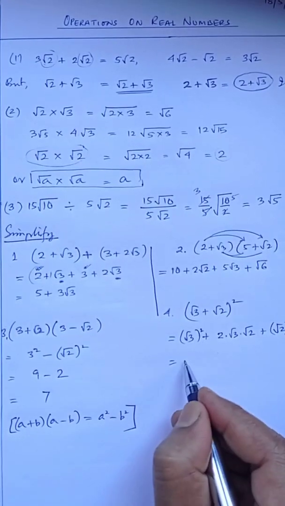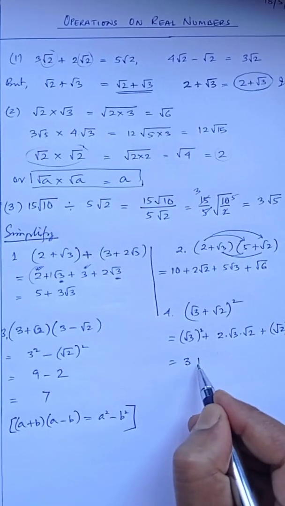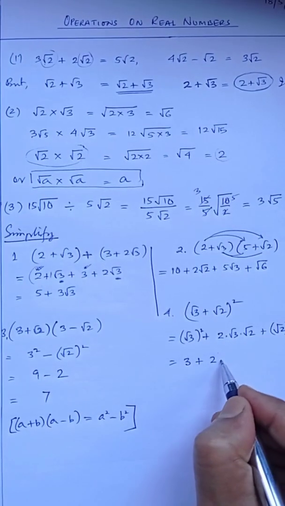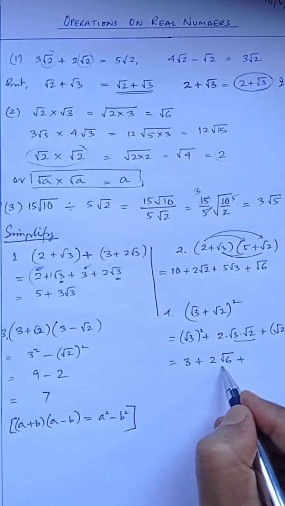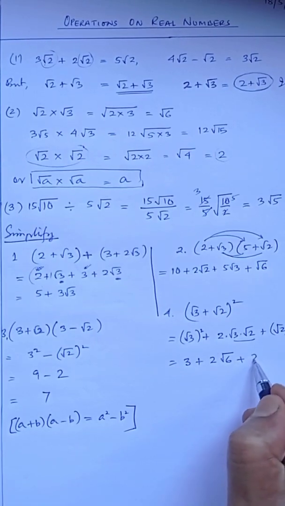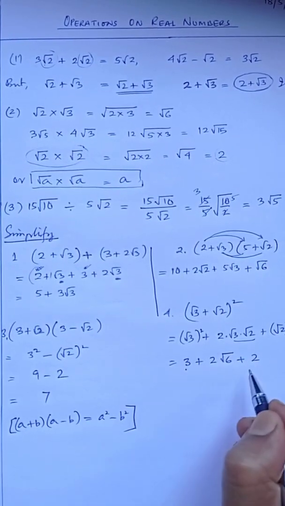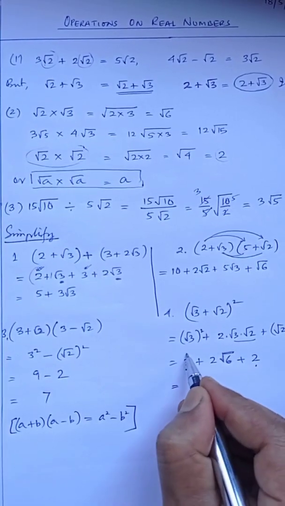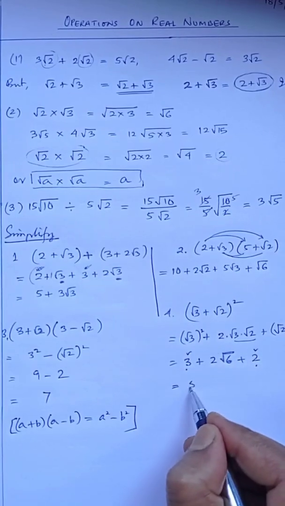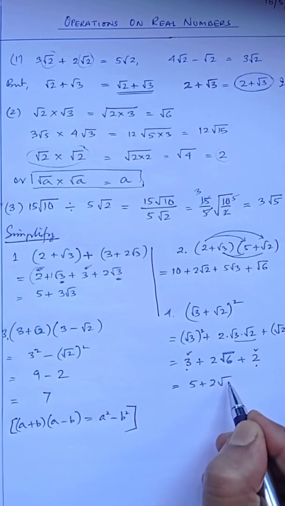Now root 3 square is 3, plus 2 root 6. This 2 when you multiply gives root 6. Root 2 square is 2 again. Now this and this can be added. You cannot add this one because it has a root. So you'll be using this one and this one. 3 plus 2, 5 plus 2 root 6.